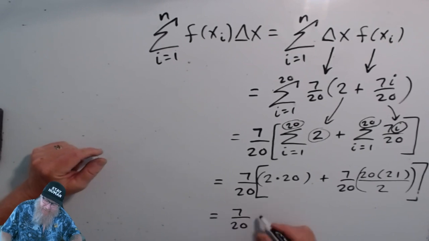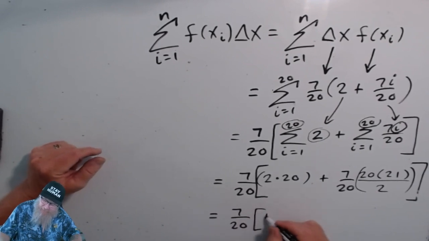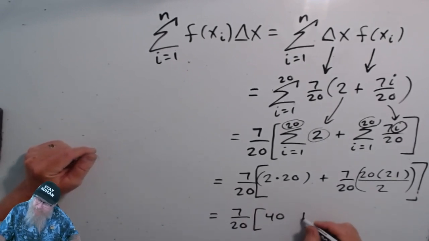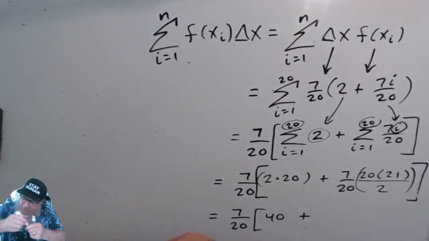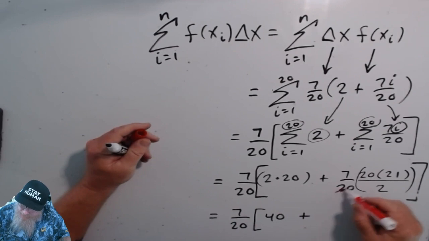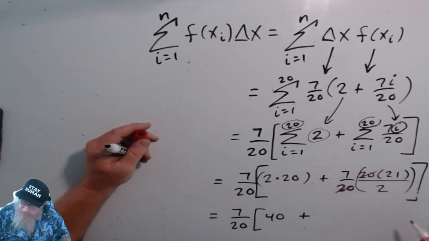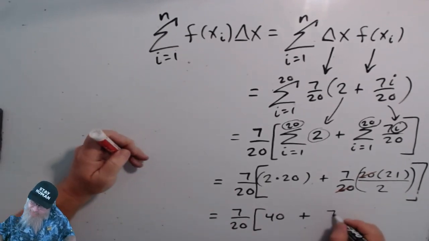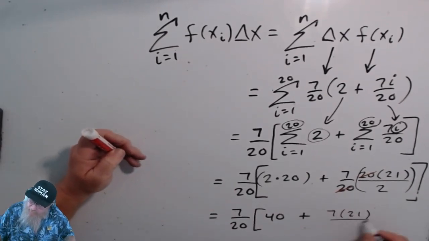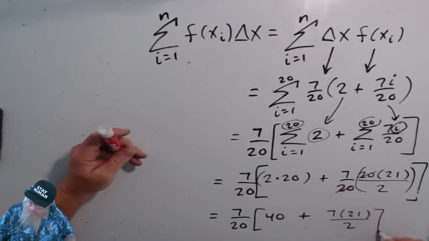So now you've got 7 over 20 times 40 plus, let's go ahead and simplify this a little bit. 20 will cancel. So I've got 7 times 21 divided by 2.